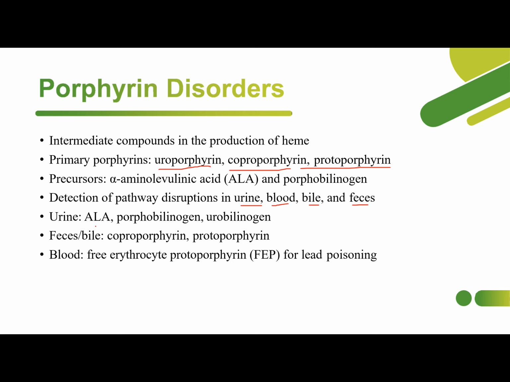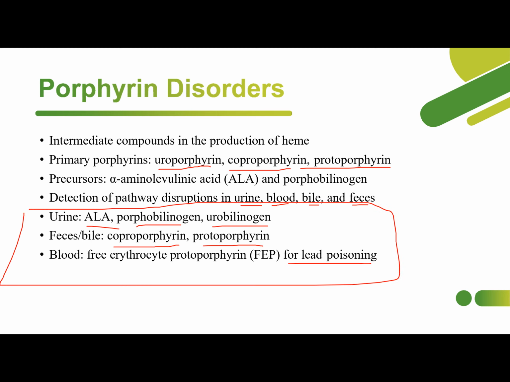In the urine, class, you would detect ALA, porphobilinogen, and urobilinogen. For the feces and bile, you could detect coproporphyrin and protoporphyrin. For blood, you would be able to detect free erythrocyte protoporphyrin for lead poisoning. So do memorize this, class. Memorize the different porphyrins for every specimen or sample.